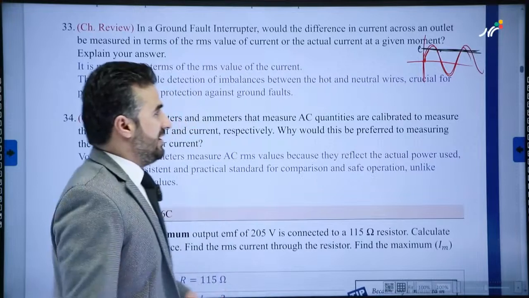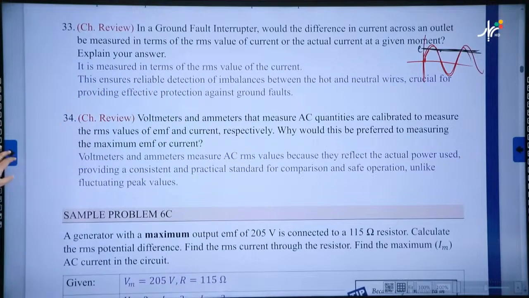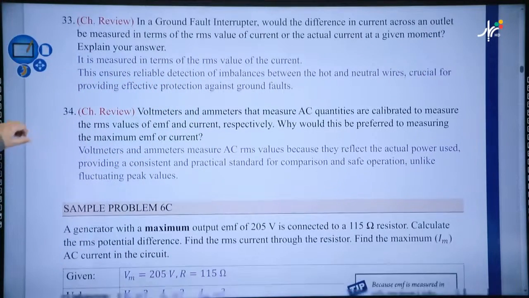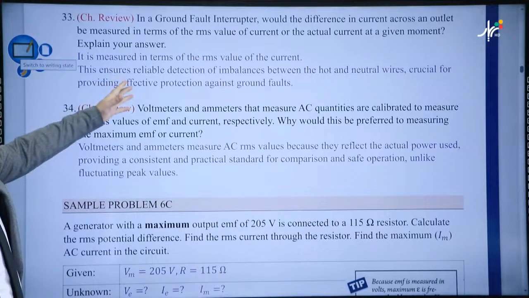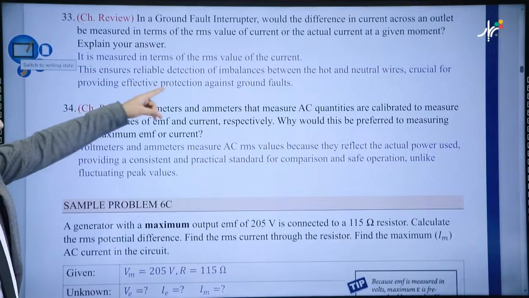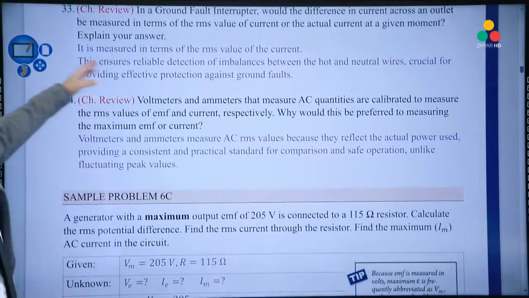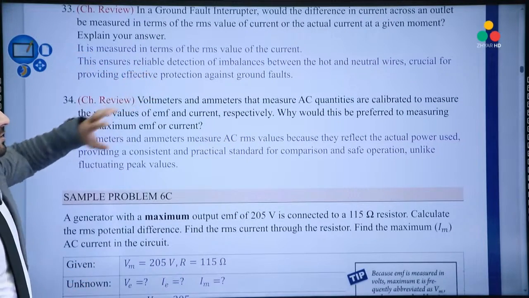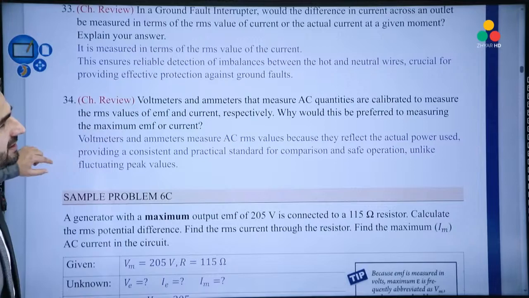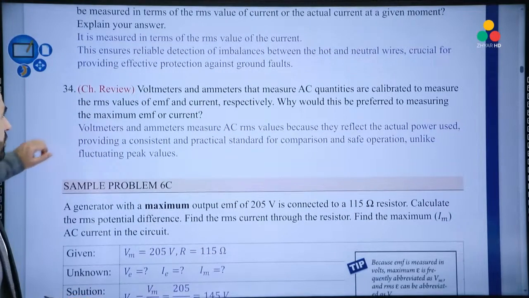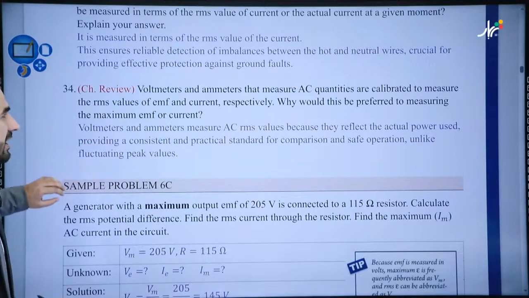So it is measured in terms of the root mean square value of the current, or the effective value. This ensures reliable detection of imbalances between the hot and the neutral wire, which is crucial for providing effective protection against ground faults.